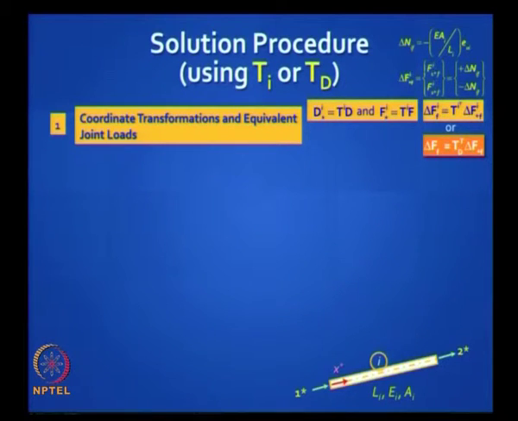So this is known, and then do you agree that if this is going into force delta Ni, that force has to be equilibrated by equal and opposite forces at the two ends, right? So can I write it like this, on the left side plus delta NIF and on the right side minus delta NIF, that is my delta Fi star F, that is my fixed end force, clear?